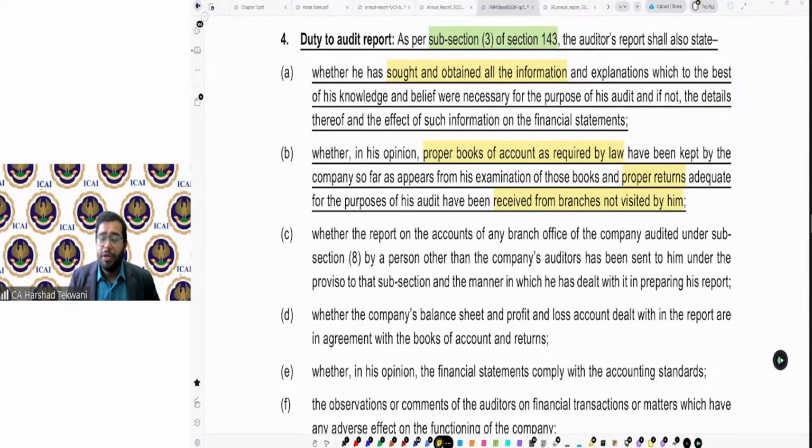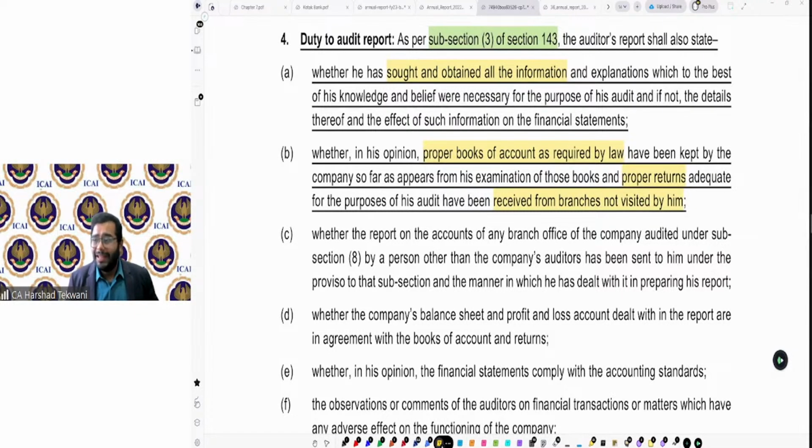So any other person who can be appointed as an auditor under section 139 of the Act. And where the branch is situated outside India, then a person qualified to be an auditor as per the local laws.